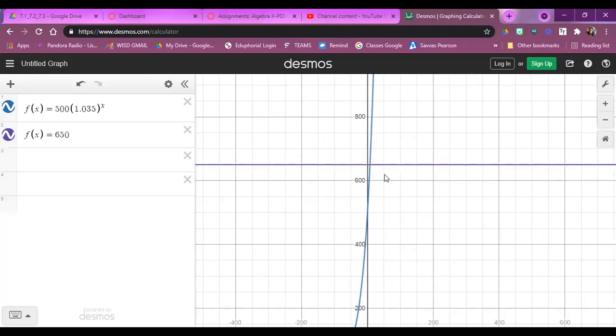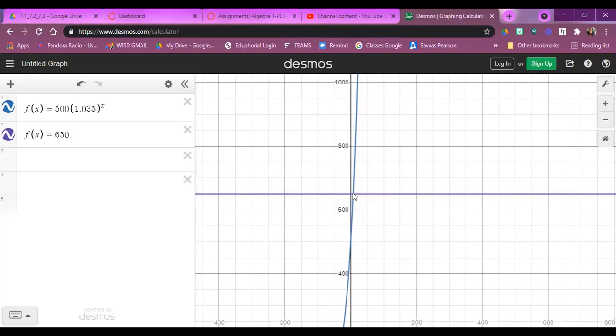So this is where I'm at 650, this right here. And I want to know when I am at least 650. So I'm looking for when do these two intersect? So after how much time? About 7.6 years is how long it will take.